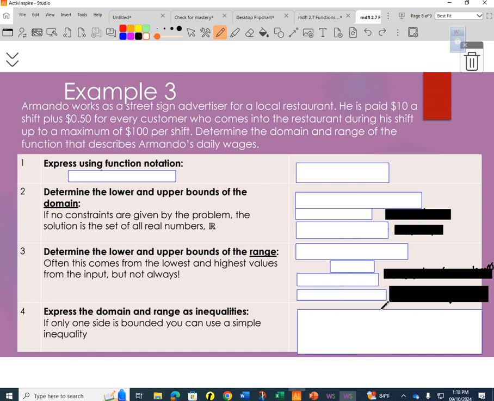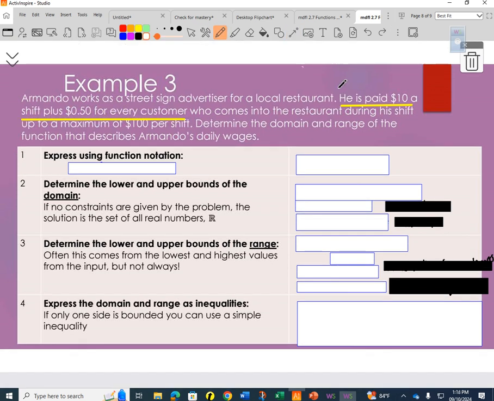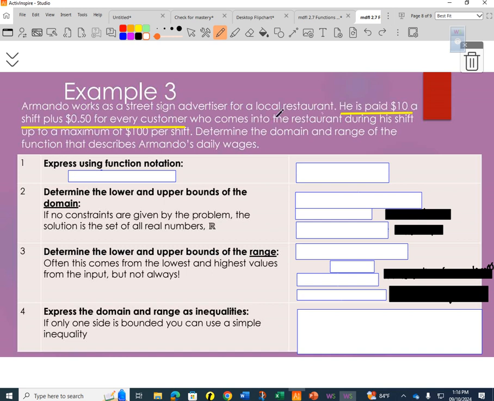Well, first let's go ahead and write the function. Look at this sentence. If you're wondering how to write equations or functions, sometimes they almost tell you exactly what to write. So if you look here, $10 a shift plus, so it makes sense that it would be 10 plus, right? 50 cents for every customer. So X is what?